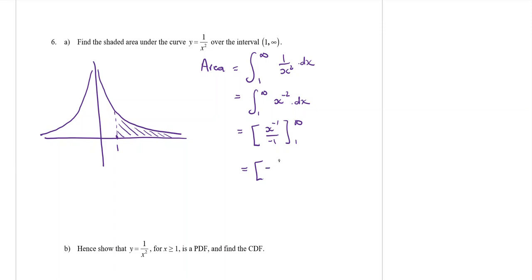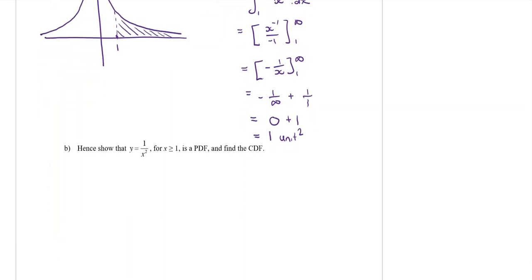That would be the same as minus 1 over x between 1 and infinity, which means I have negative 1 over infinity minus minus, so plus 1 over 1. 1 over infinity is basically equal to 0, plus 1 means that that is 1 unit. So the area under that curve is 1 unit squared.